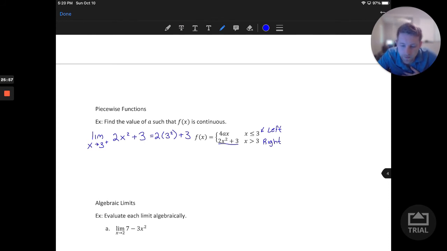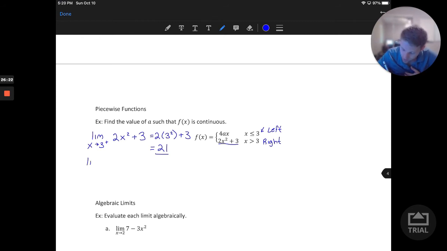And I believe that would simplify down to 21. So, excuse me, on the right side, our right-sided limit is 21. So let's consider what we would do for the left side.